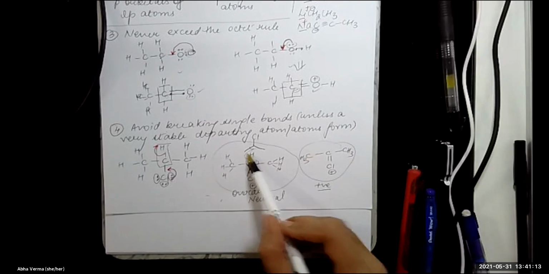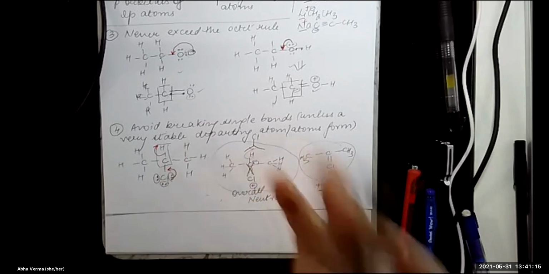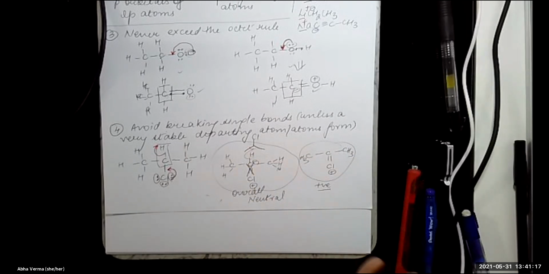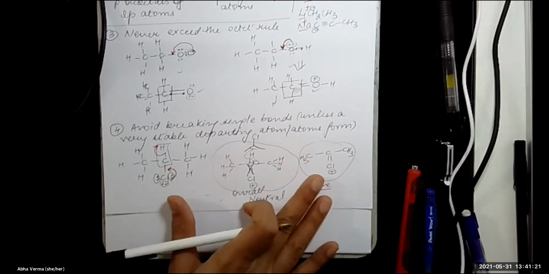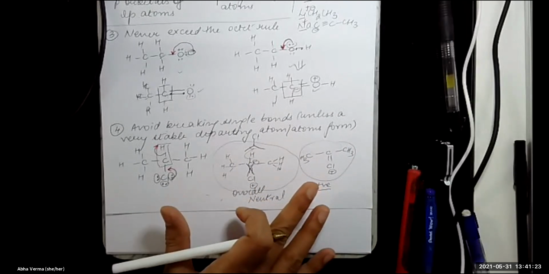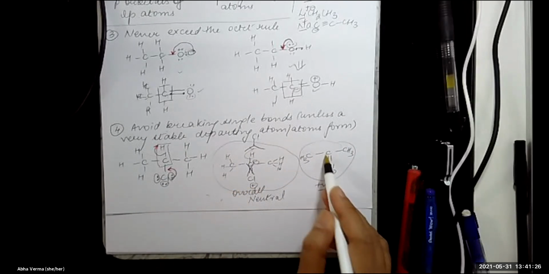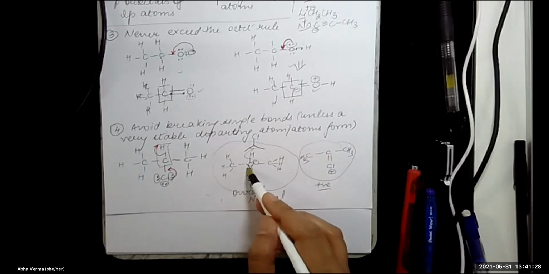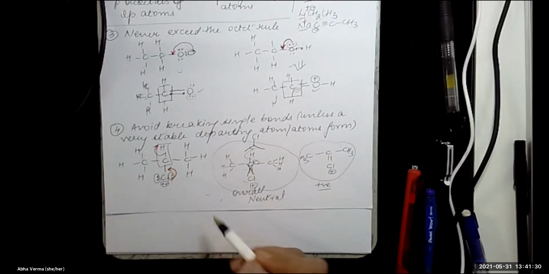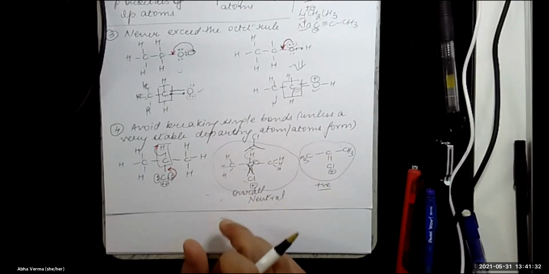So you cannot kick out hydrogen just like that, or any single bonds cannot be broken. Unless there is a good leaving group, then carbon could have done that. But still, this movement of lone pairs right here is tremendously wrong.